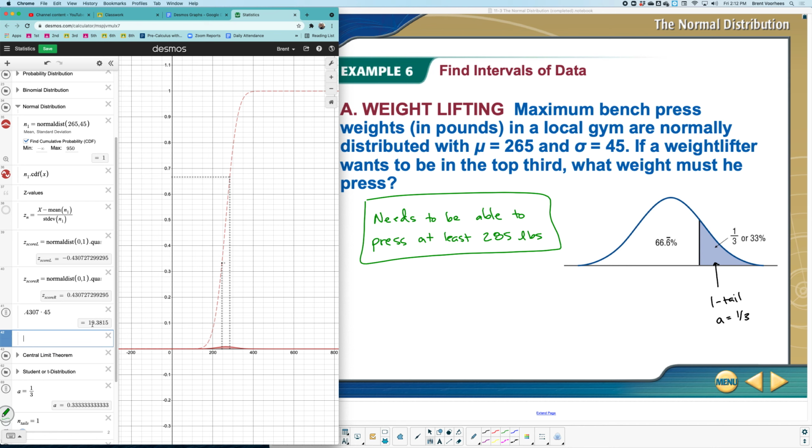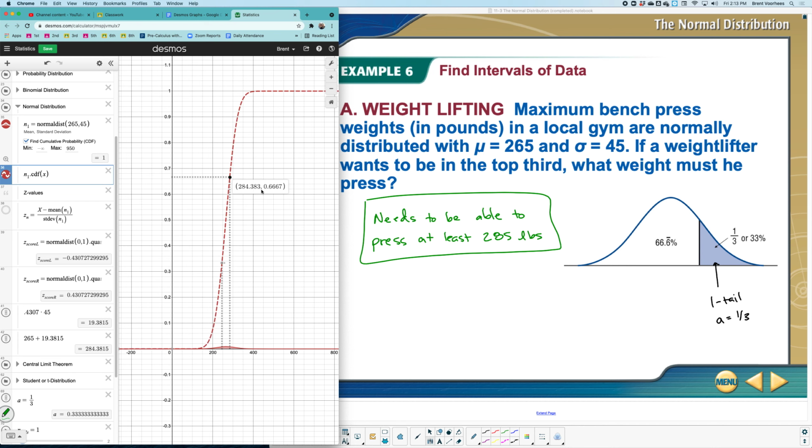That would be the distance to get you to that point right there. I took that 0.43, multiplied it by the standard deviation of 45, kind of scaled it out, and then you add that to the mean. So the mean plus that 19.3815 gives us 284.382. Look how close we are there. You can see that's another way of getting the same value.